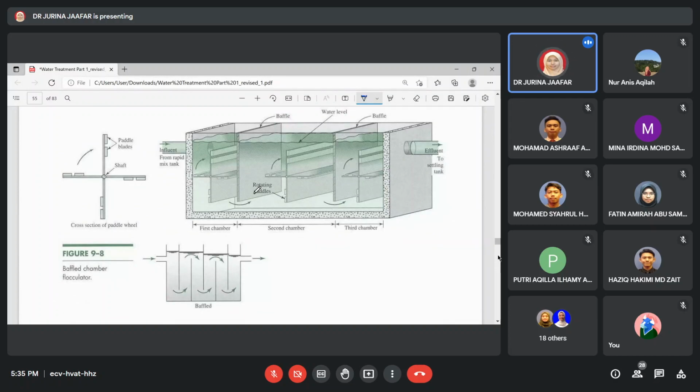This is the chamber, or we have 3 chambers, 3 basins on the flocculation basin, and then we have the buffer. So we have 1, 2 and 3 chambers, 3 compartments. Okay. So then we have a paddle here, and at this end we calculate its speed. So the movement of the water due to the paddle mixing.